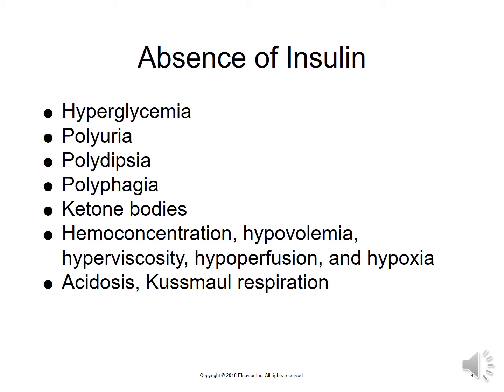Their CO2 will probably be low because their body is triggering them to breathe fast and deep. That's the Kussmaul respirations, to try to fix that acidosis and keep all of that CO2 blown off. So your pH is going to be low, your CO2 is going to be low, and then your bicarb, which is the metabolic component, is also going to be low.